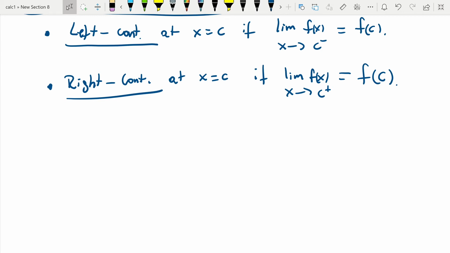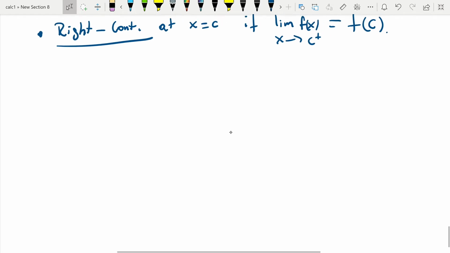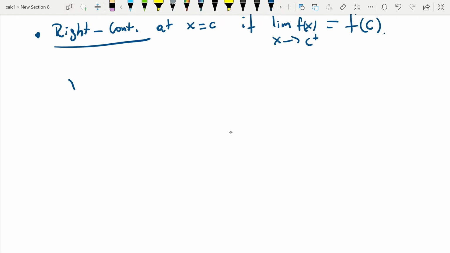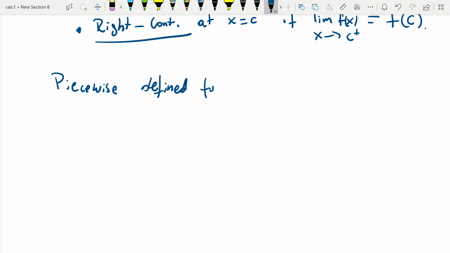And this leads us to a number of examples you will see often in exams or in problems, homework assignments, and such. These are what I call piecewise defined functions.